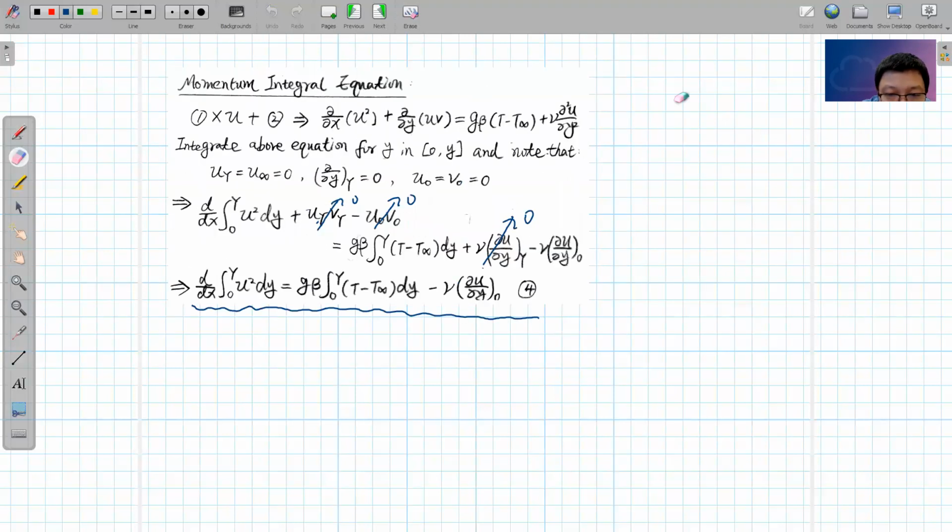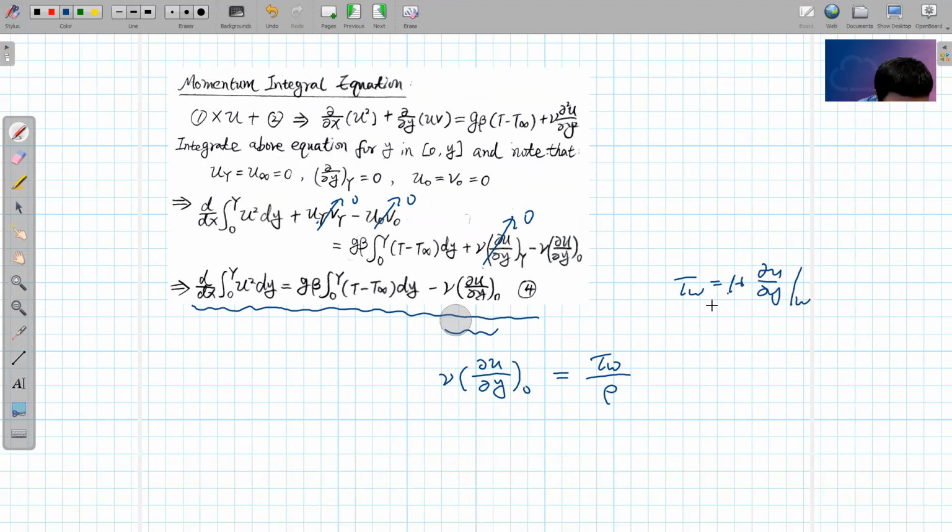Also, we know that this term, mu partial u partial y at 0, can be equal to tau_w over rho, because we know that tau_w is mu partial u over partial y at the wall.